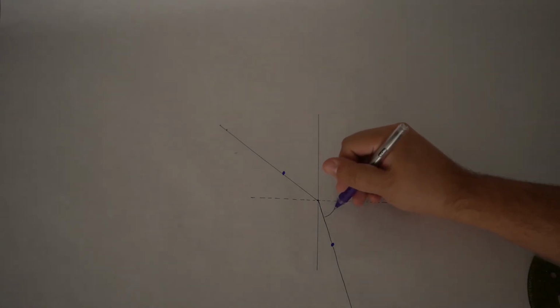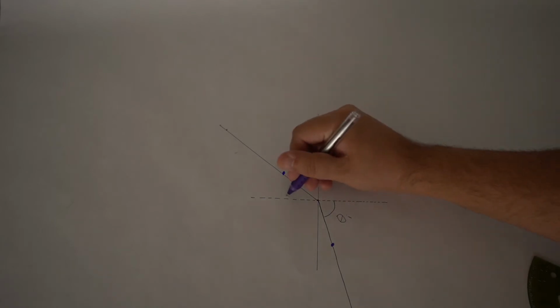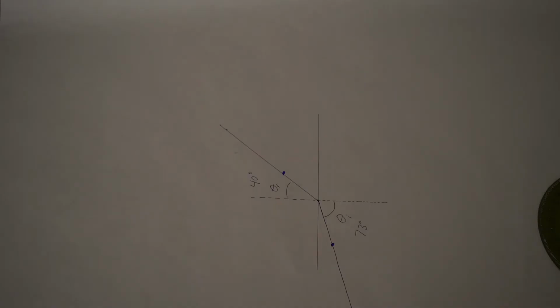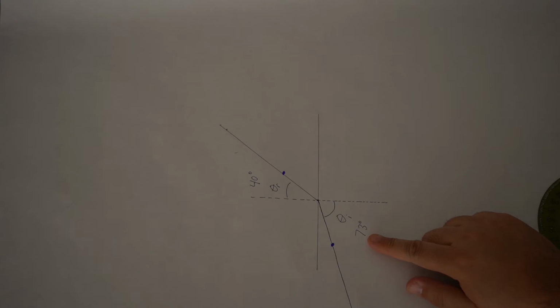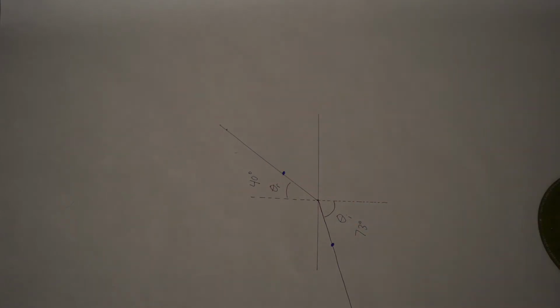This is going to be theta incident, and this is going to be theta refracted. Upon measuring, theta incident is 73 degrees, and theta refracted is 40 degrees.